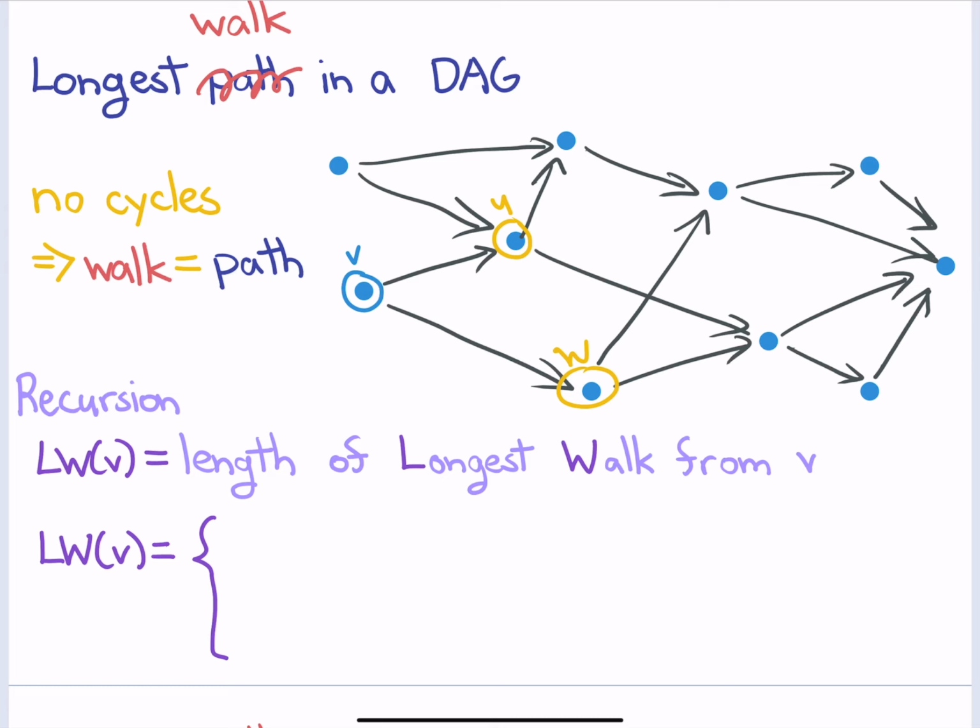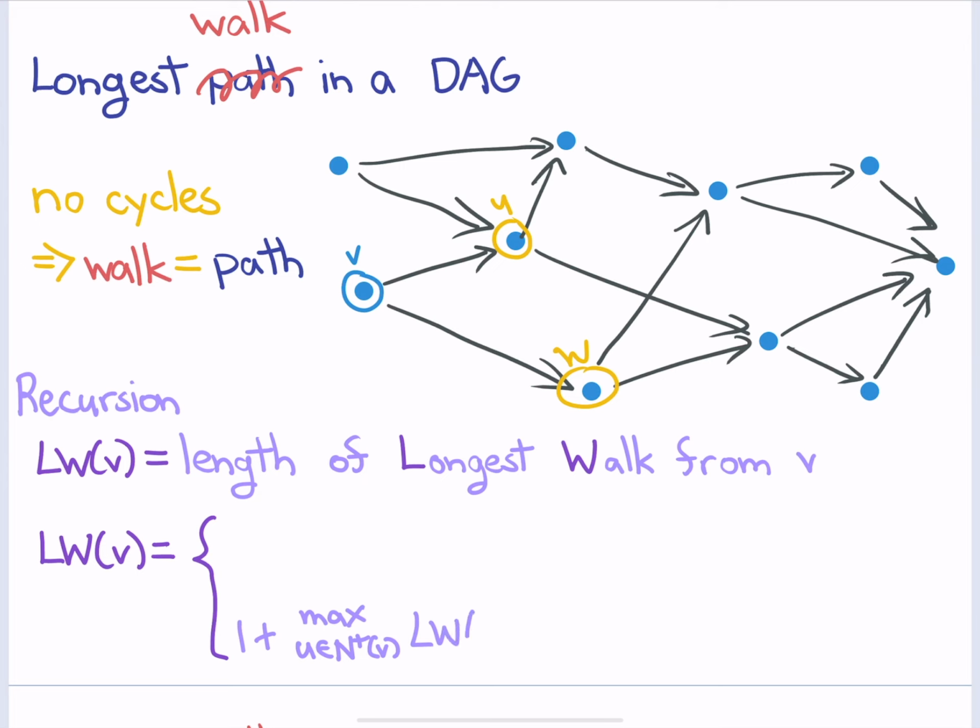So let's implement this. You just tell me what to write. Longest walk from a vertex V. Do base cases first, etc. All right, so I'll write for all vertices U that are out-neighbors N plus of V. Sometimes N plus of V means out-neighbors of V, meaning I can go out one step.